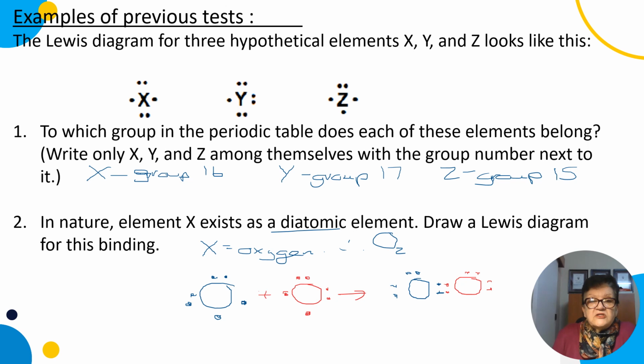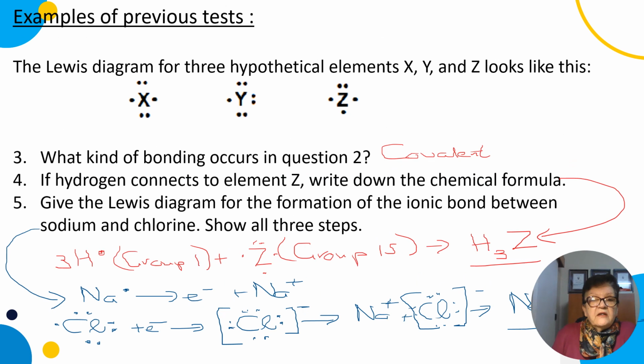Okay, so these just go to the middle, and they share these 4 electrons with each other. Right, then here we move on to what kind of bond occurs in question 2. It is O2, so it's two atoms which are both identical non-metallic atoms, so it's a covalent bond.